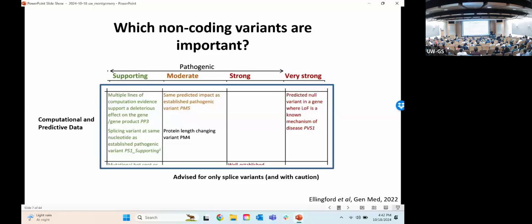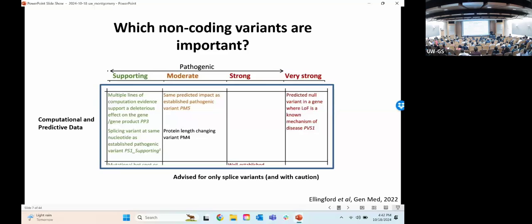Really, there aren't the computational and predictive tools that exist right now that clinical or medical geneticists would use in reporting something that is strongly or potentially even moderately pathogenic back to a patient. So this is a major gap in how we report genetic information. And even with the best deep learning and AI tools, we're not there yet.